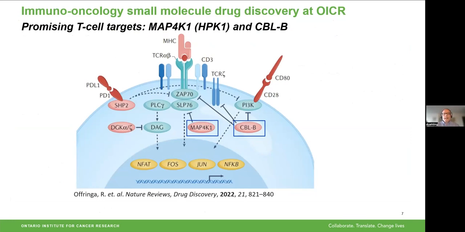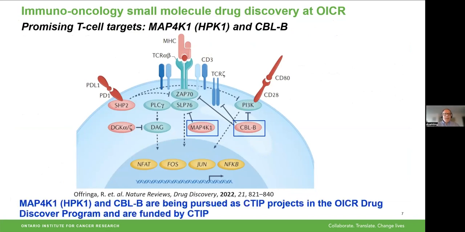It's a kinase, which is a very druggable class of targets, and CBL-B, which is another intracellular target, has a very interesting drug-like pocket that we're beginning to learn much more about. Both of these are being pursued as CTIP projects, so we're getting generous funding from the OICR CTIP program, and I think we're making very good headway.